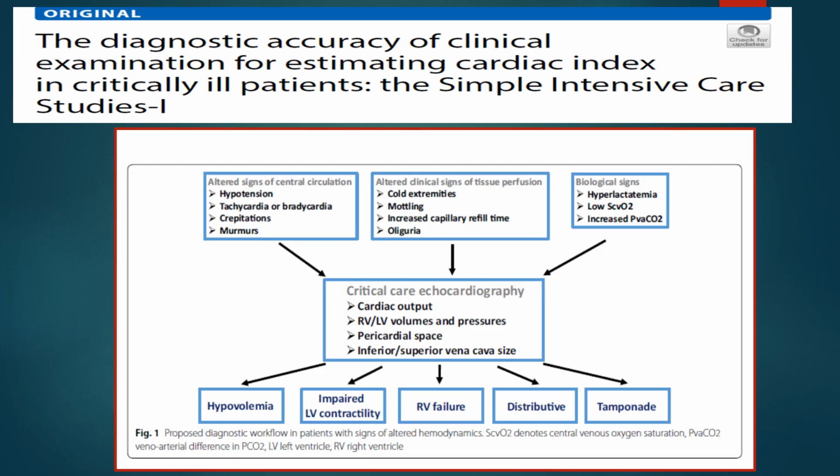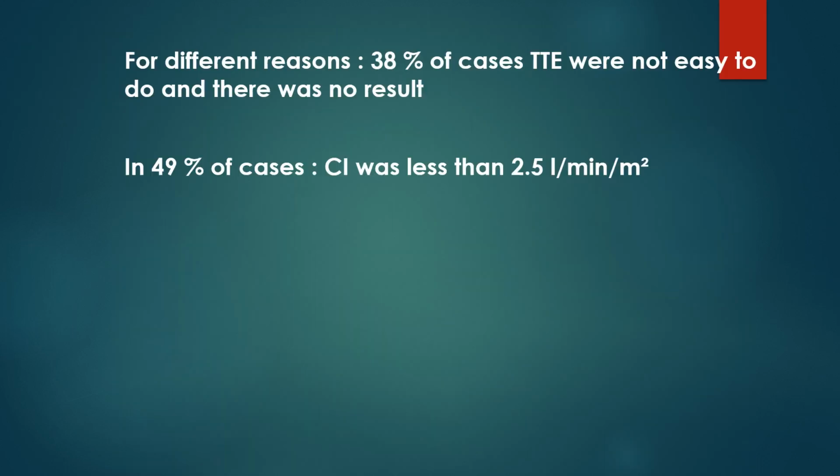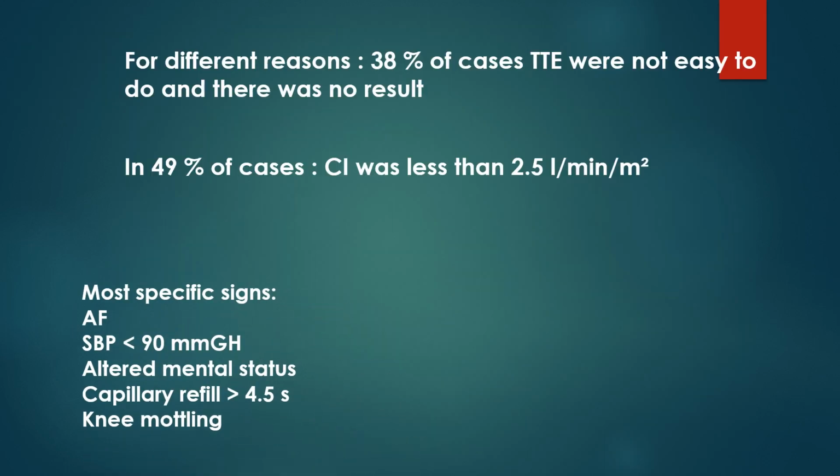Studies in the literature show that when you go with clinical signs and symptoms, this might not be enough to predict low cardiac output or hemodynamically unstable patients. Clearly, the signs that we rely on are not that specific and sensitive.